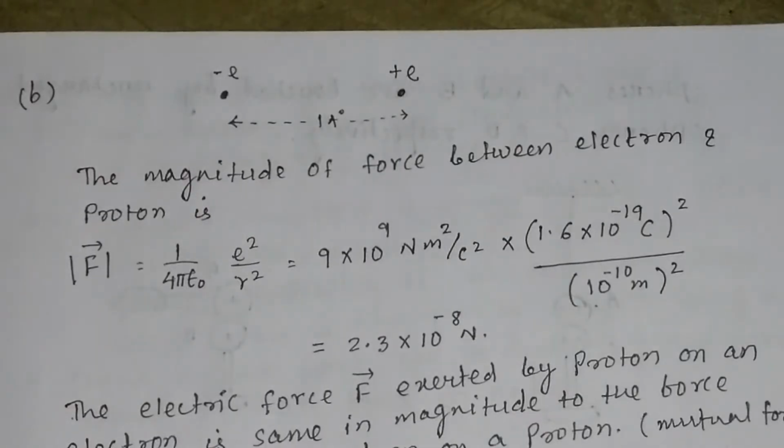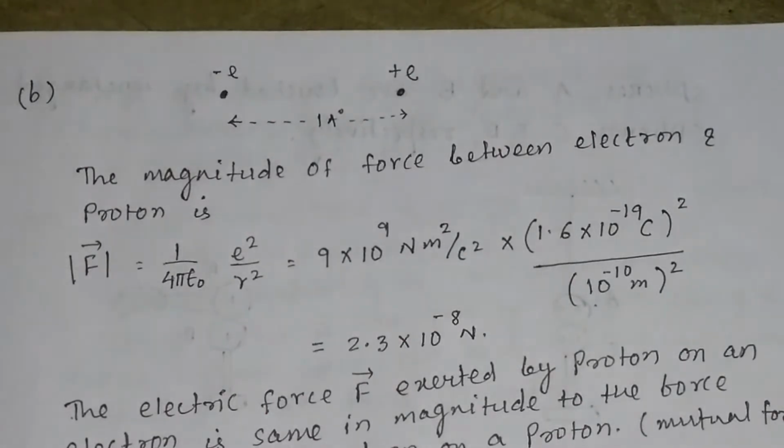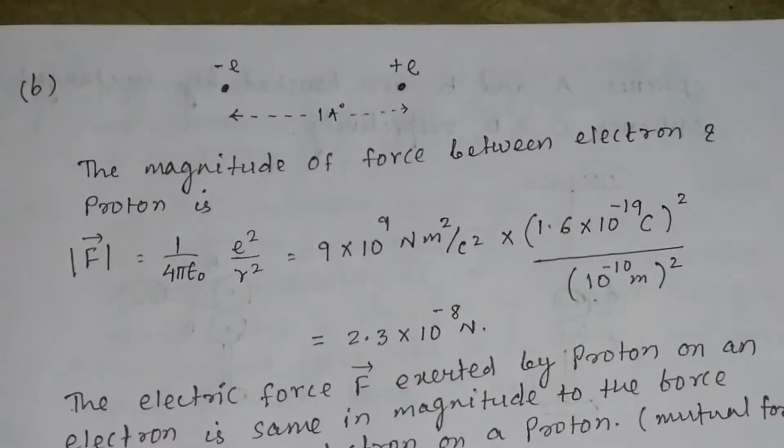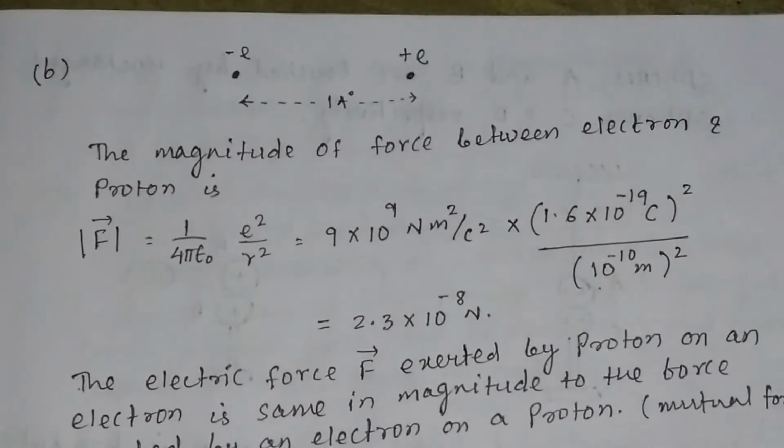Next, we have to calculate the accelerations. We have to calculate the acceleration of electron and proton due to the electrical force of their mutual attraction. To find the acceleration, first we have to calculate the force between electron and proton.